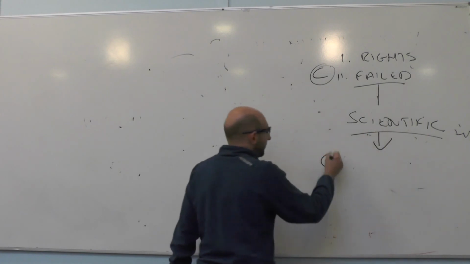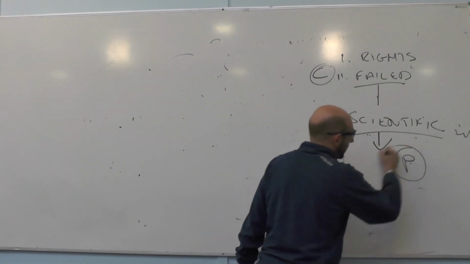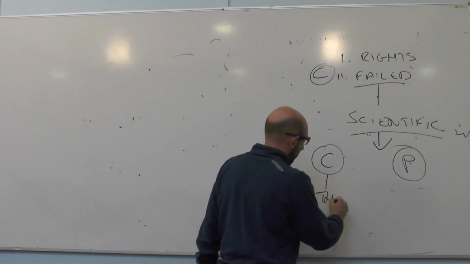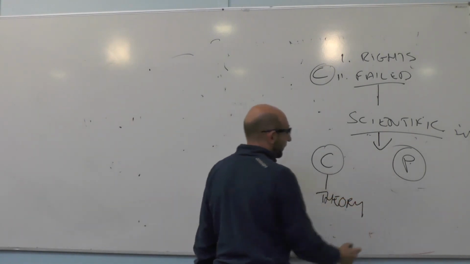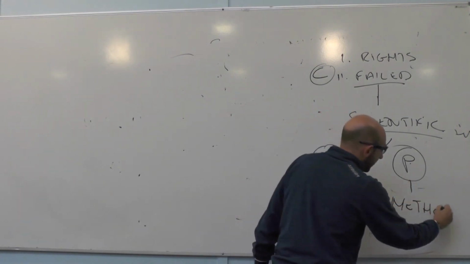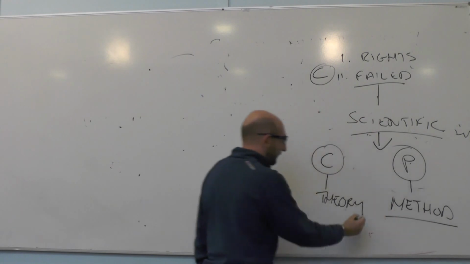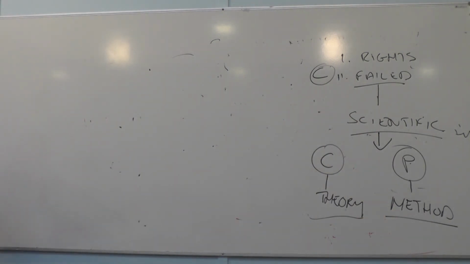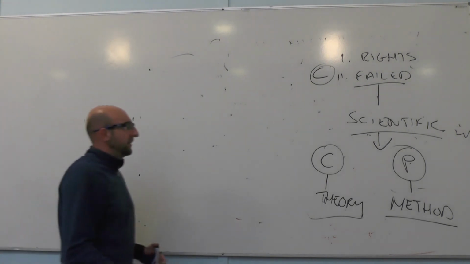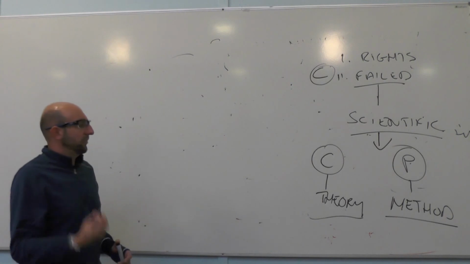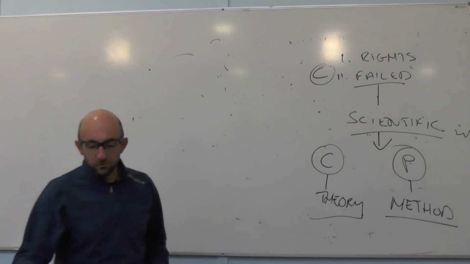Right, Classicism, Positivism. Classicism is a theory. This is really important: Positivism, on the other hand, is not a theory, it is a method. It's a scientific method. So it's a way of understanding by applying the principles of science to human behaviour and human activity.